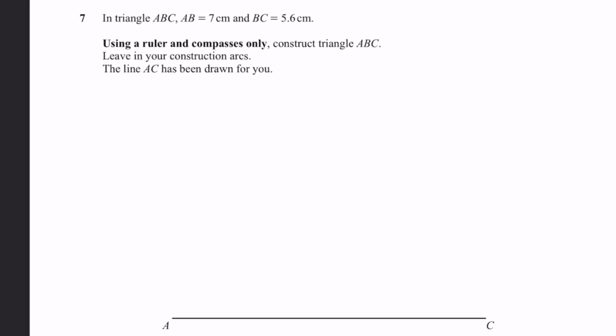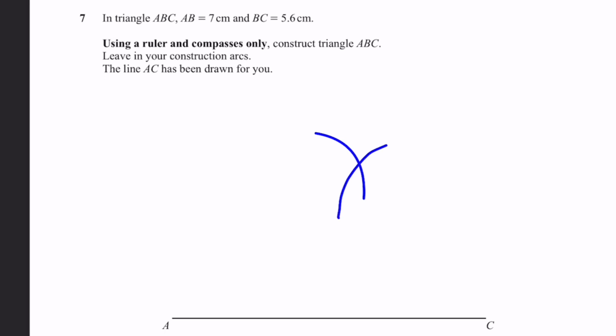So first, we need to make the line AB, and that means we need to find the point B. To do that, we need to use compasses. First, let's make the compass length 7 centimeters, and then draw an arc. Let's say 7 centimeters arc is somewhat like this. And now we take BC, so compass length as 5.6 centimeters, and then draw another arc.